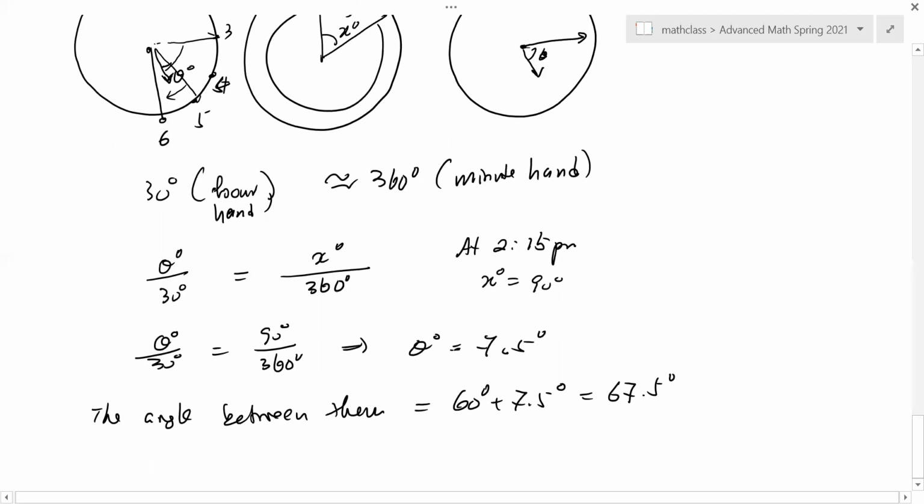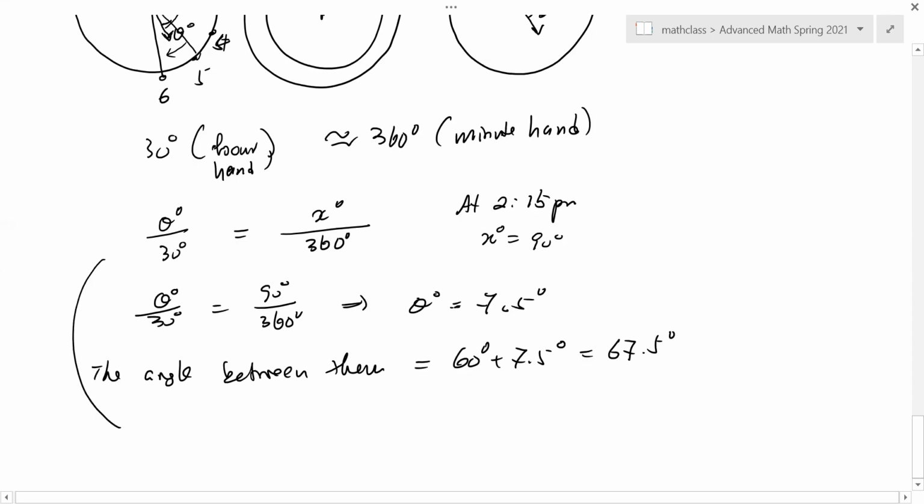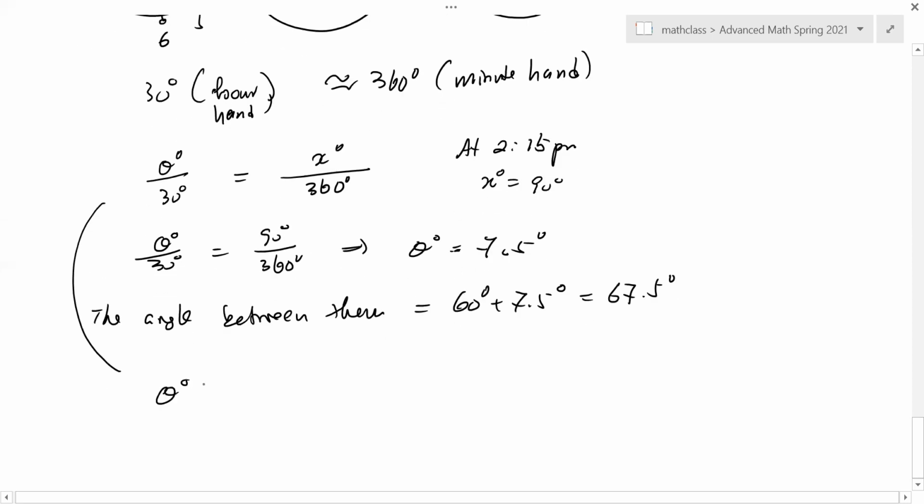So in general, theta degrees equals 30 degrees over 360 degrees times x, and that is going to be x divided by 12.